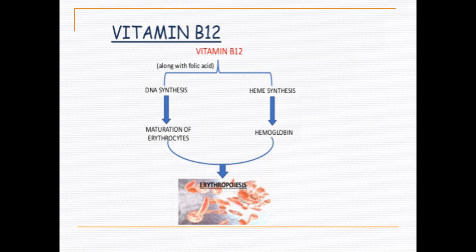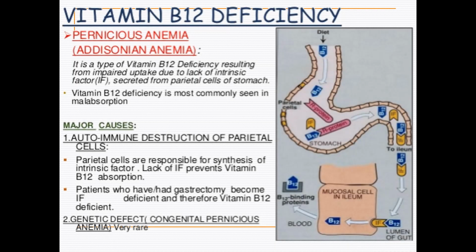So B12, as we discussed, is very important for heme synthesis because succinyl CoA cannot be formed and hemoglobin cannot be formed, and vitamin B12 is also important, along with folic acid, in DNA synthesis and maturation of erythrocytes. So in vitamin B12 deficiency, what is pernicious anemia?